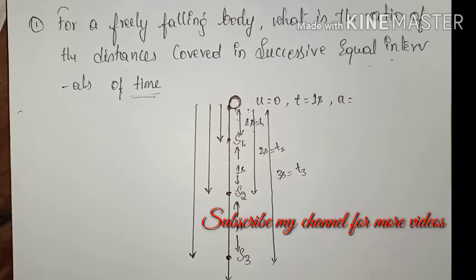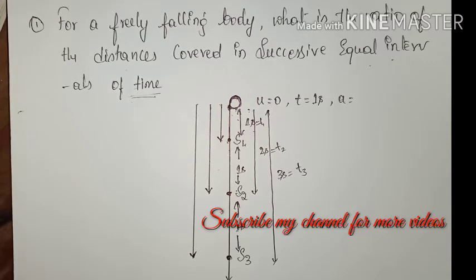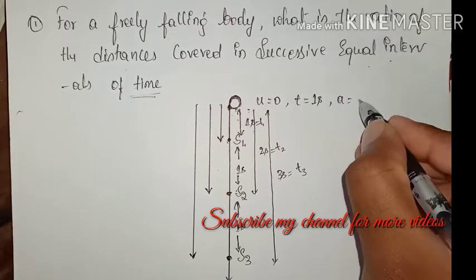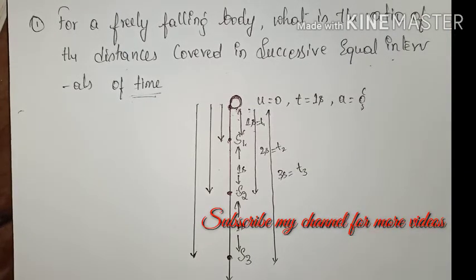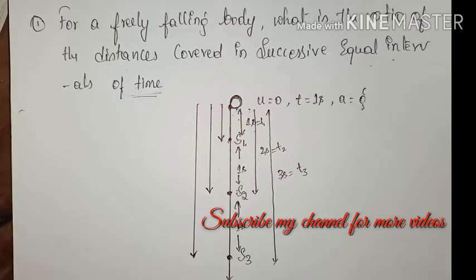But while solving this problem, we have equations based on the kinematic equations for one dimensional motion, and based on that we used to go with the positive one. So remember that. That's why I am taking positive g here. Don't get confused. Even if you take the negative, you will get the same answers. Just remember that, based on the kinematic equations for one dimensional motion.